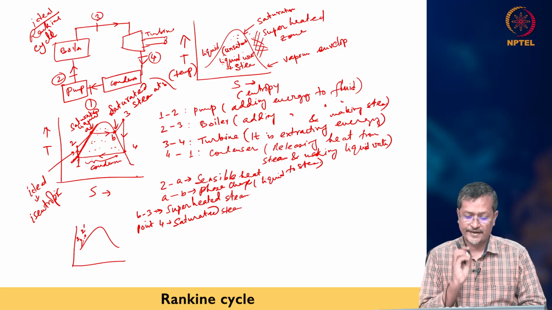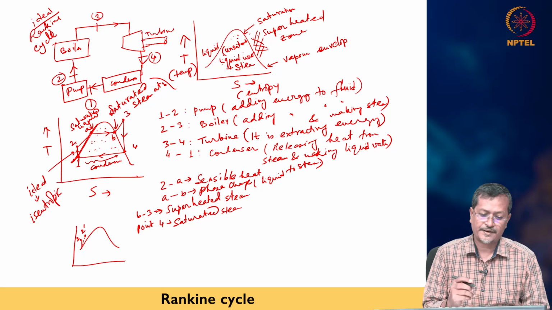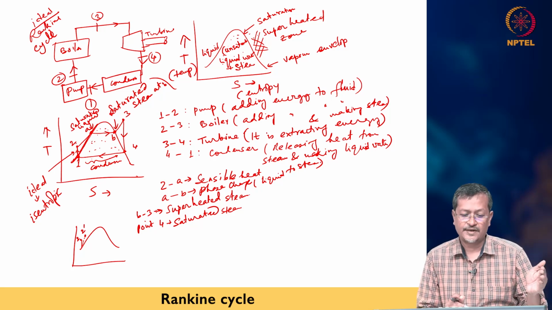This is an ideal cycle I am describing, that is why all the points lie on the curve. For example, point 4 lies on the saturation curve, but practically point 4 may be inside or outside. Also point 1, the pump entry, may be outside the saturation curve.